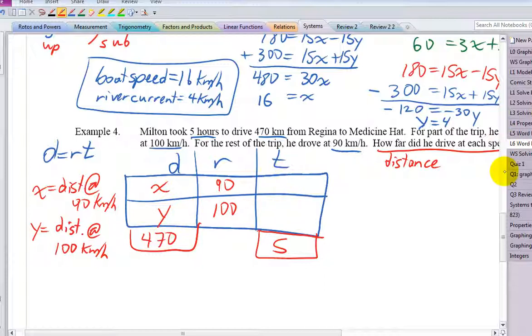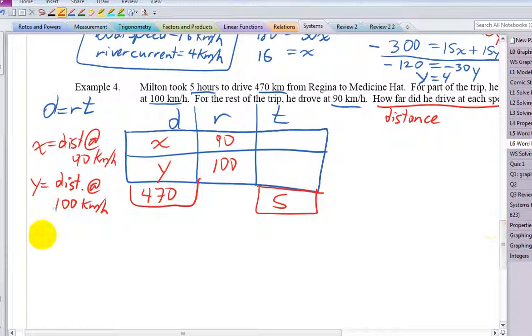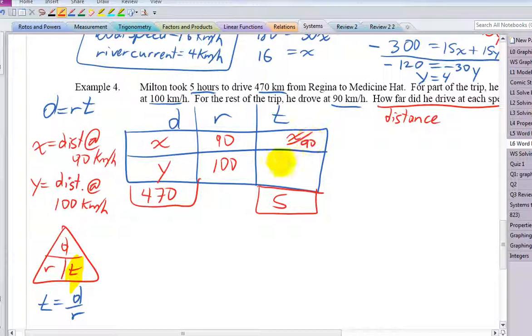How do we figure out the time? From your formula triangle, cover up t, and what does t equal? T equals the distance divided by the rate. So over here, we can put down x divided by 90, y divided by 100.